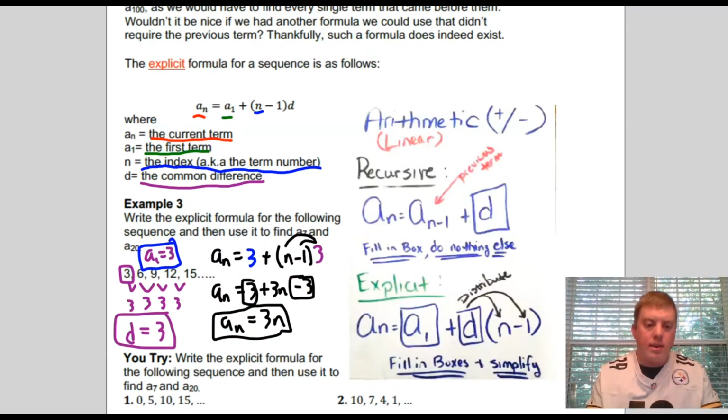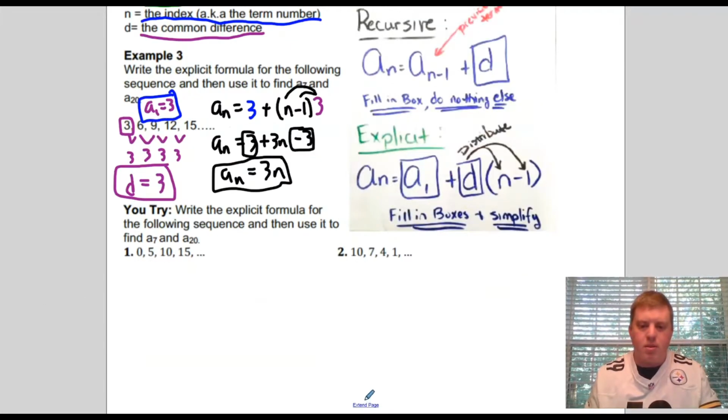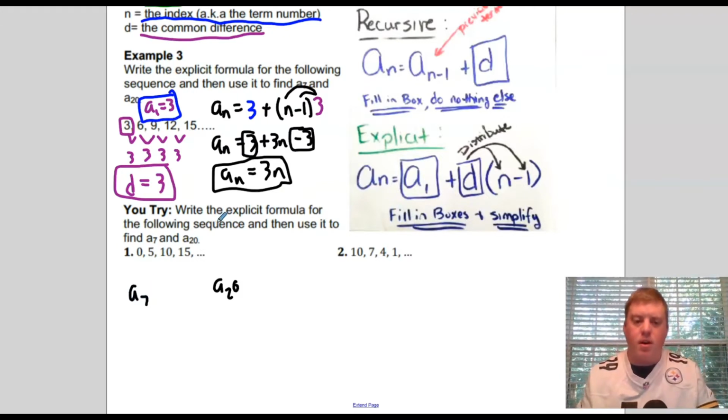Now we were also asked to find our 7th term and our 20th term. So I'm going to scroll down a little bit so that I have a little bit more room. I want to find the 7th term and I want to find the 20th term. Now remember, with the recursive formula, to be able to find the 7th term, I had to find the 6th term first.